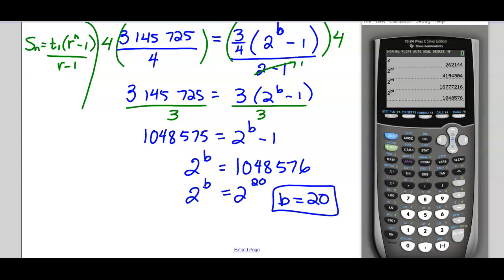Okay, then example 3 is an infinite geometric series. For an infinite arithmetic series, there's no sum formula because it does not converge to a number.